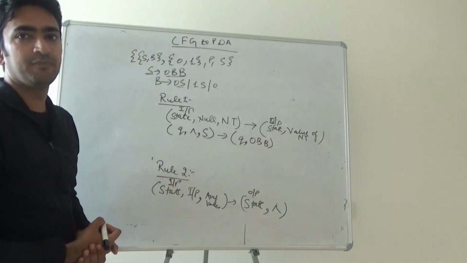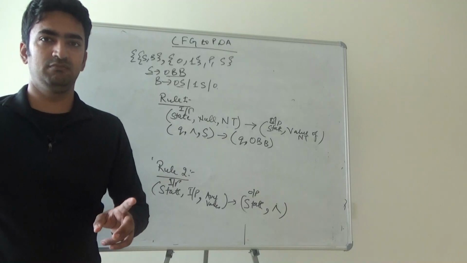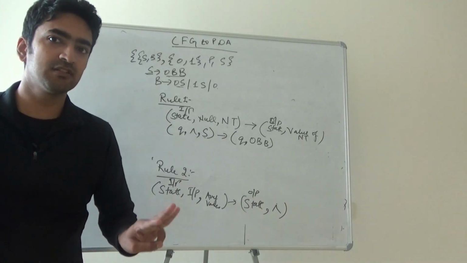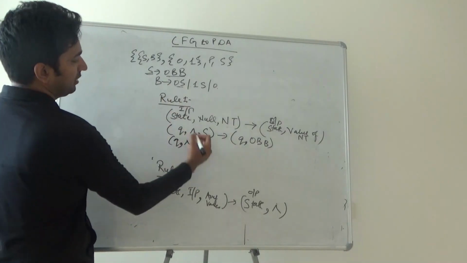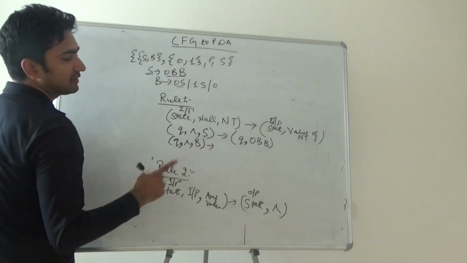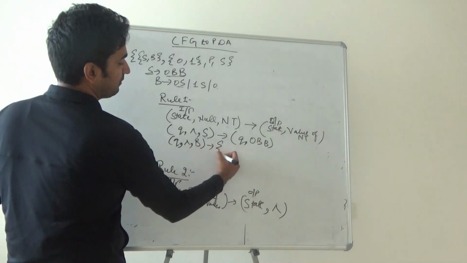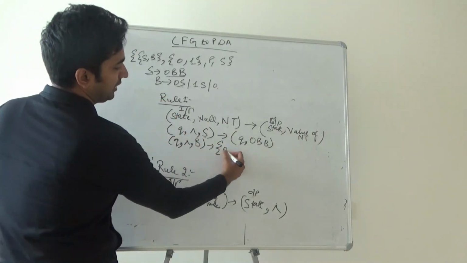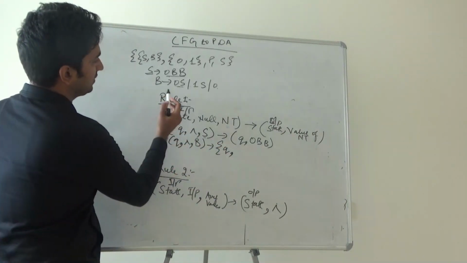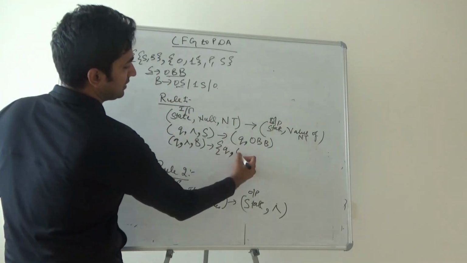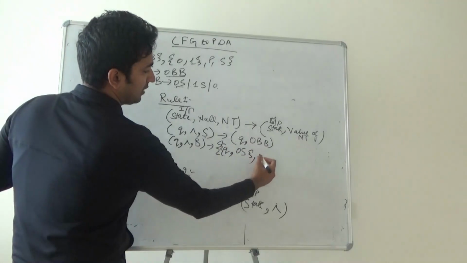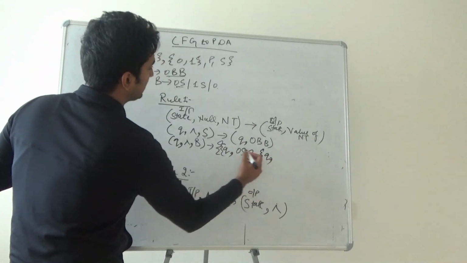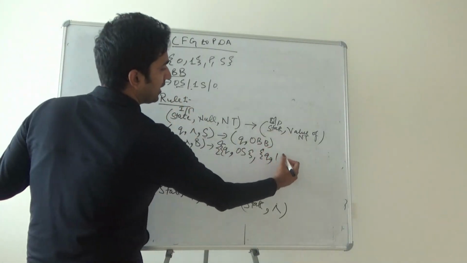One rule is there. Similarly, there are definitely 3 answers for B. So in that scenario, Q null B. Now it has 3 answers. The first answer is it gives me Q, and the answer of B is 0S. It can also give you Q, and the second answer of B is 1S.